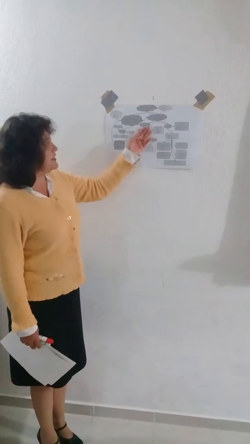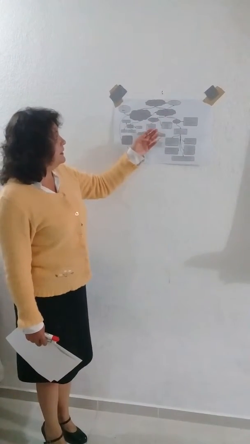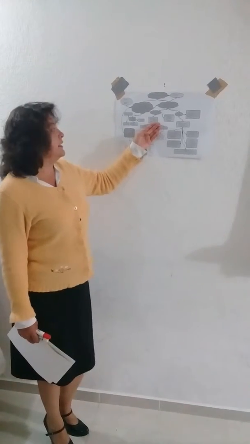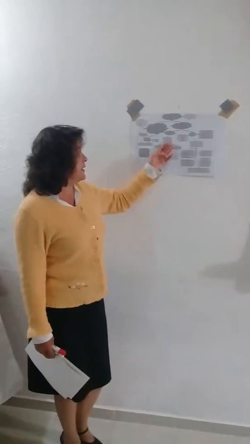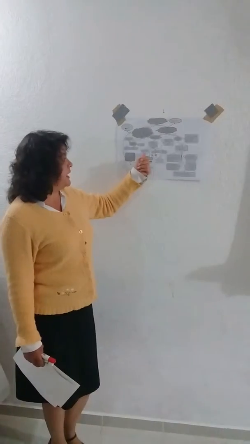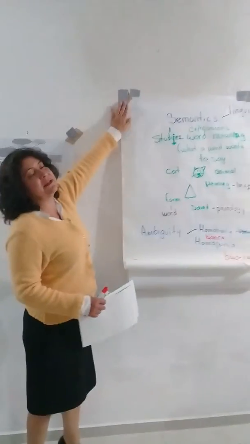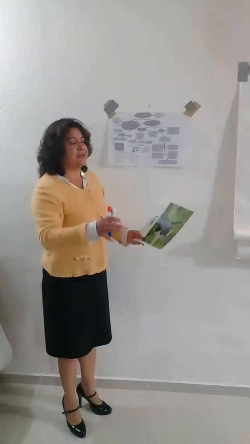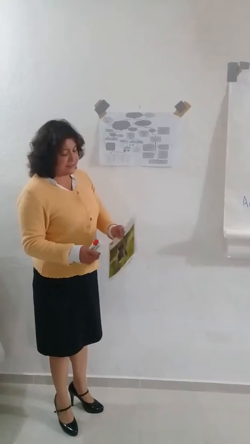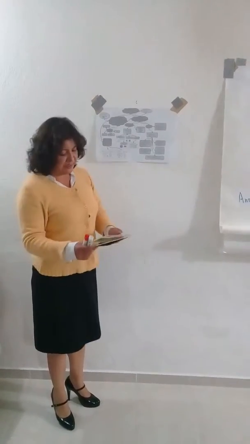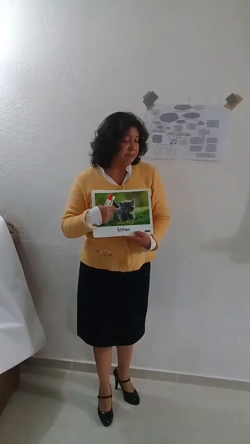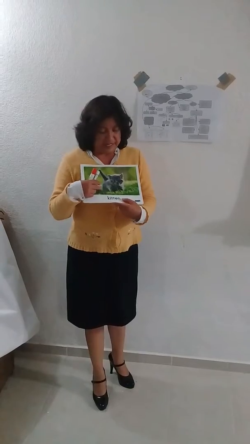In the case of referential semantics, words can be related in several ways. Onomatopoeia is the sound that refers to some word. For instance, the onomatopoeia of this kitten is meow. It is the sound that a kitten makes.